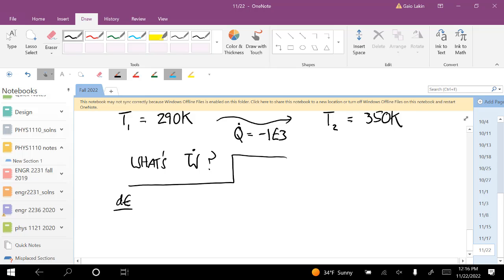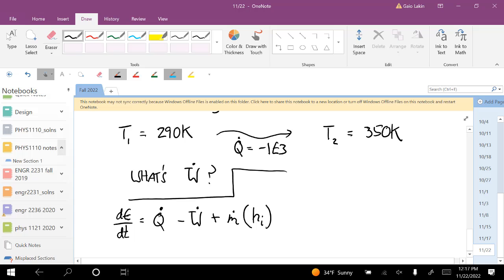Well, as soon as you see compressor, you know that this is going to be a control volume problem. And we can forget about the other stuff.